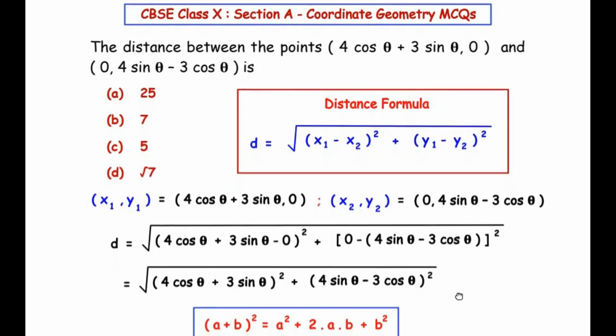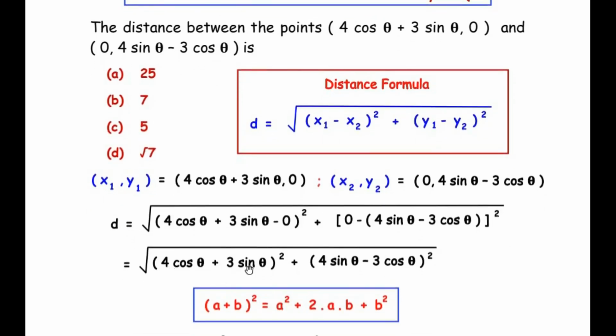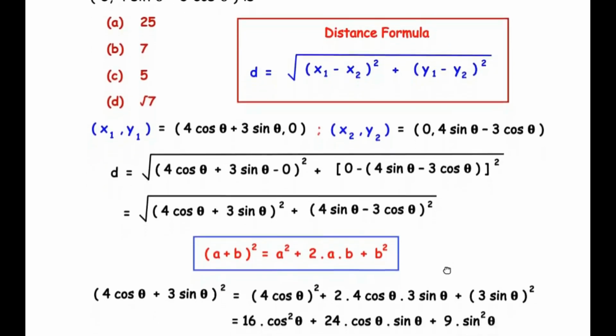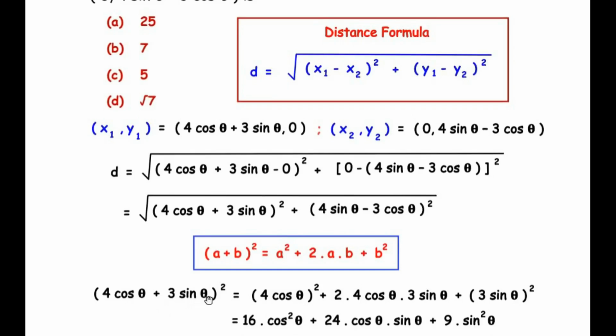Now in the next step, as we can see, the first bracket represents a plus b the whole square. We are going to expand it by using this identity. So here we have expanded it as 4 cos theta plus 3 sin theta the whole square is equal to 4 cos theta square plus 2 times 4 cos theta times 3 sin theta plus 3 sin theta the whole square.